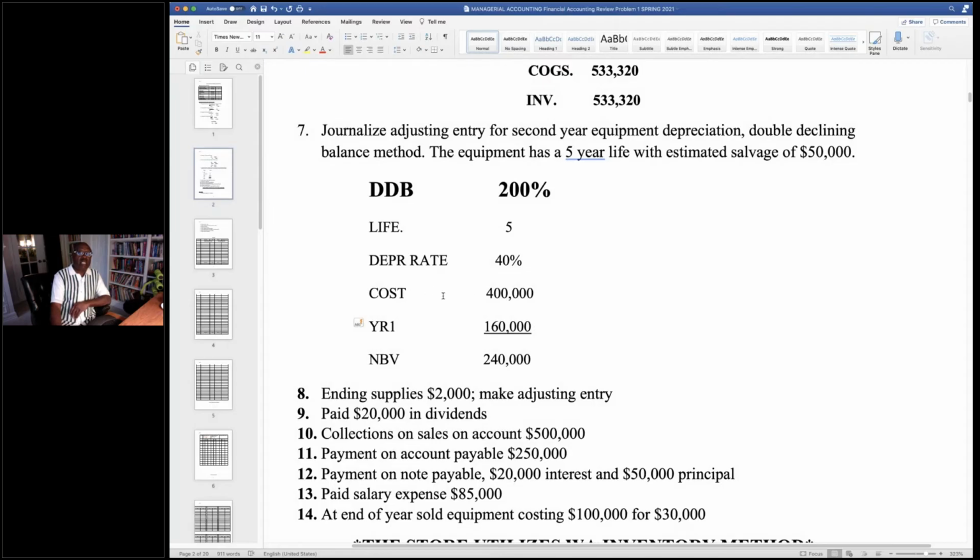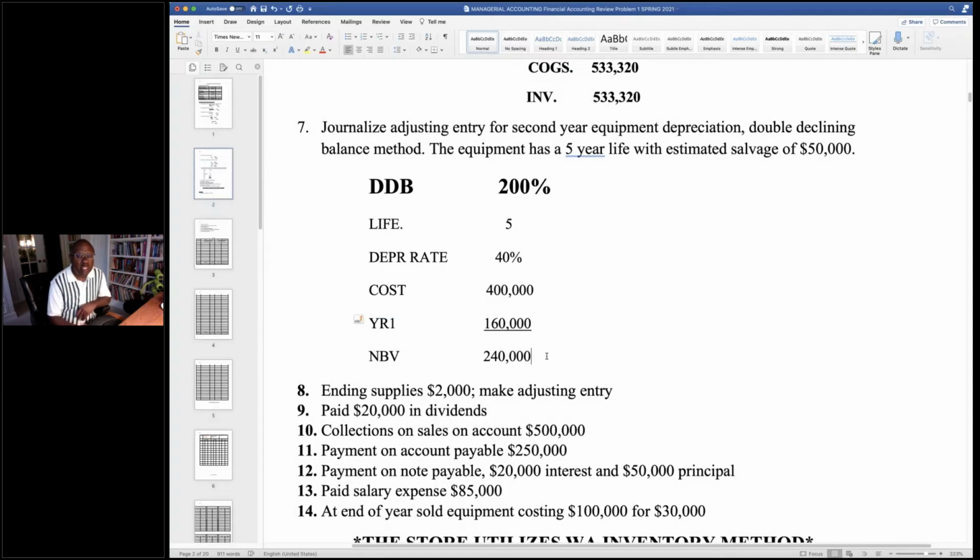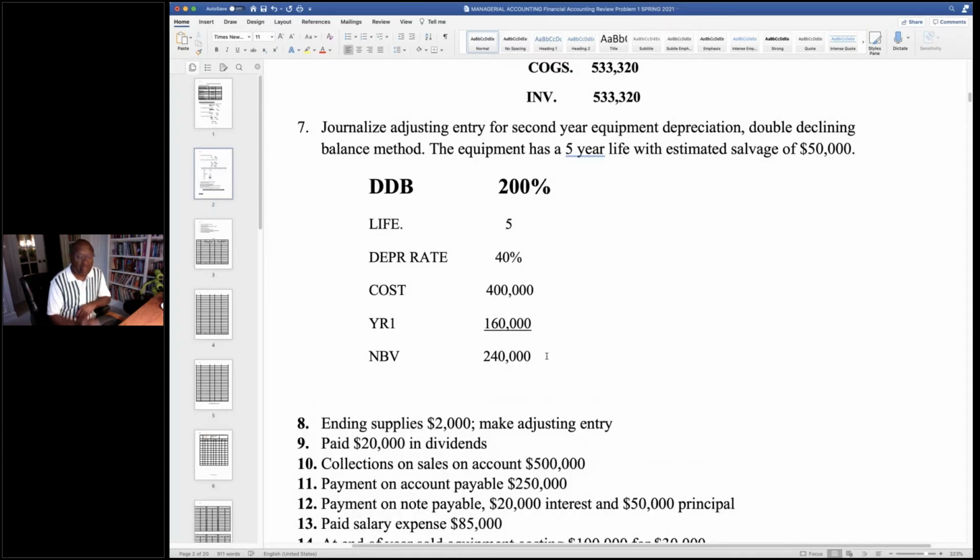So the cost, or net book value, initially was 400. We took 40% in year one, 160. We got 240. So now we're in year two. Remember, this is the second year. So how are we going to get year two depreciation? Is it 40% of 240,000?